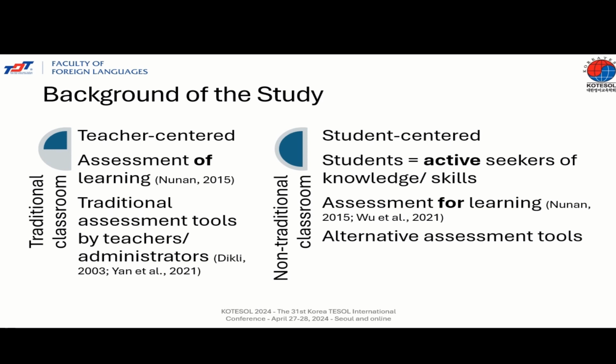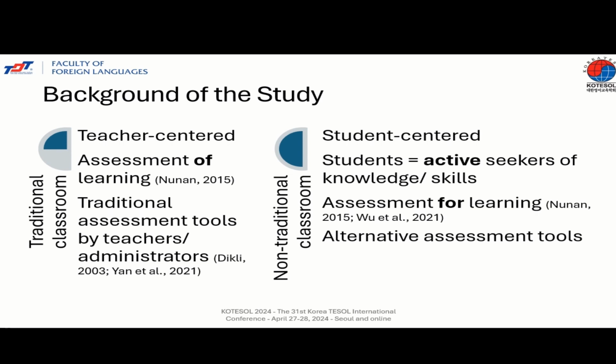On the other hand, the non-traditional classroom focuses more on the student, adopting a student-centered approach. In this kind of classroom, students become active seekers of knowledge and skills, and the focus is assessment for learning rather than assessment of learning, according to Nguyen 2015 and Nguyen 2021.